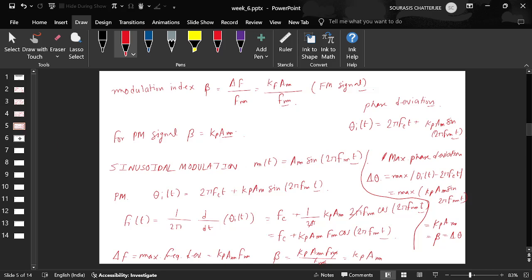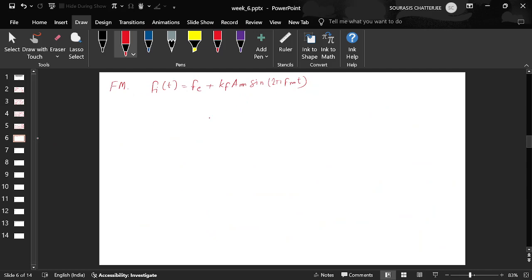Is that sine? Yes, we are talking about sine. So now if I talk about the maximum frequency deviation, we have already seen this: del f is equal to max of absolute value of fi(t) minus fc, which is equal to max of kf Am sine 2 pi fm t, that is kf Am.